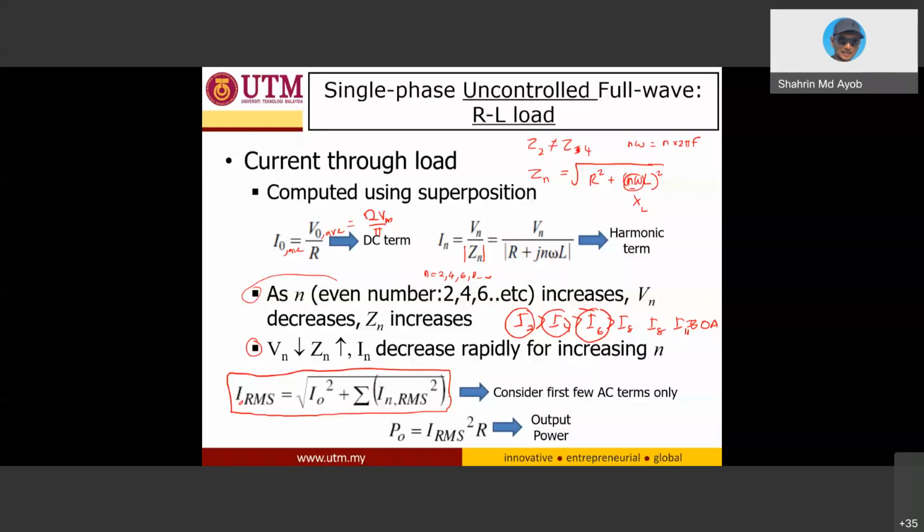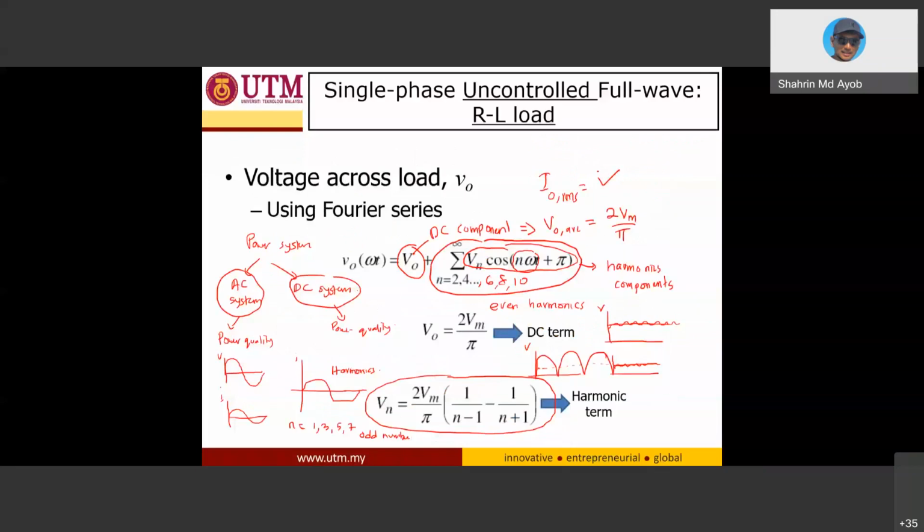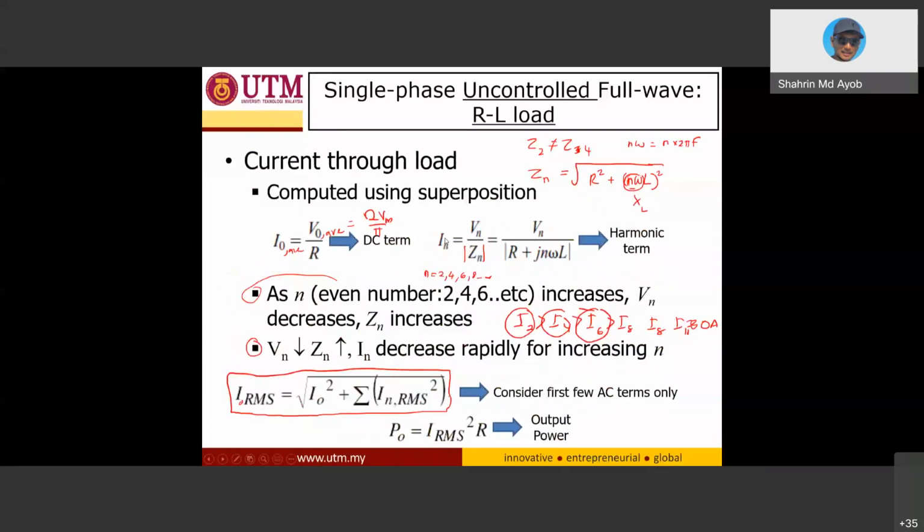For this syllabus, we only show that for this kind of nonlinear waveform, we use I out average and In, and from that we obtain the I out RMS using this equation: the square root of I out average squared plus the summation of the harmonic current RMS squared.